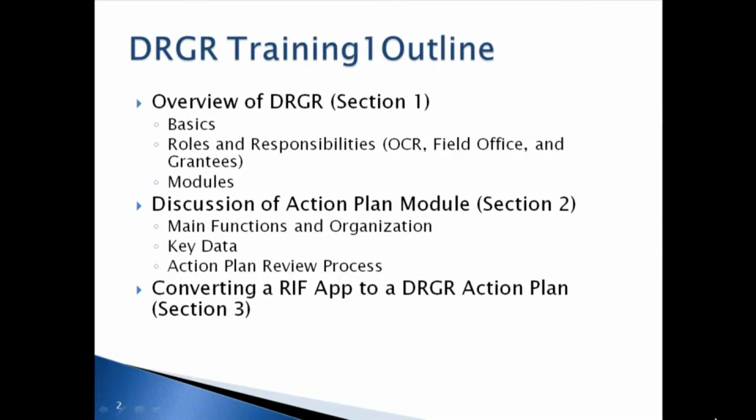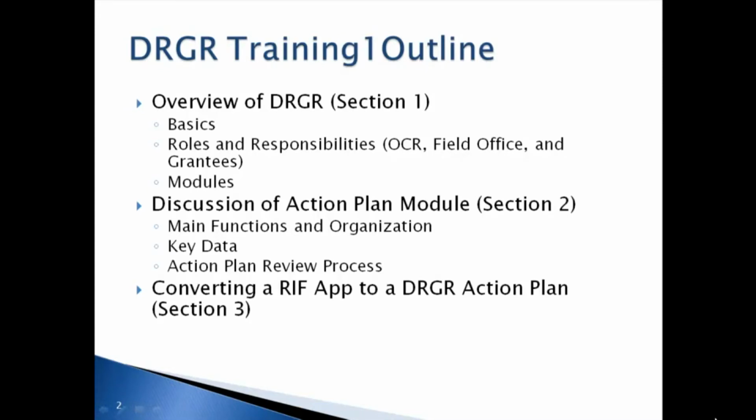OCR will also provide an overview of the action plan so that the grantees can begin entering their activities, budgets, such as admin budgets exceeding the 10% cap, leverage partners and commitments, but only after DRGR access has been granted.